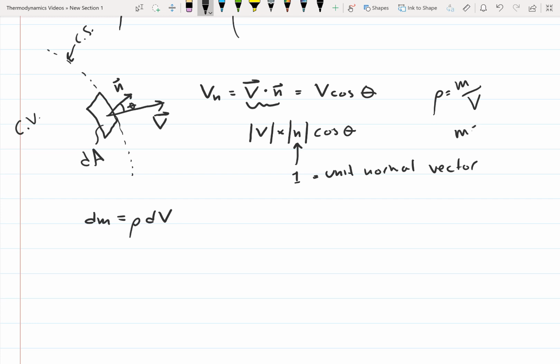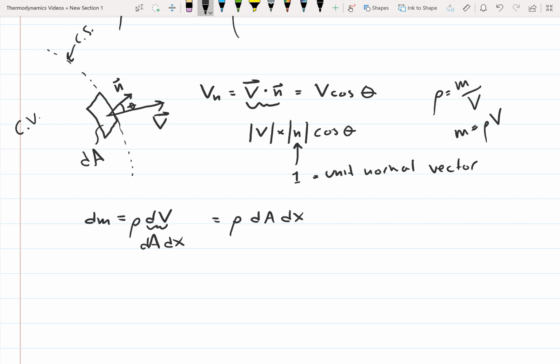So mass is equal to the density multiplied by the volume. Then let's consider this volume. The volume is equal to the area multiplied by dx, and this is actually dA dx. So basically we have dm is equal to rho dA dx.